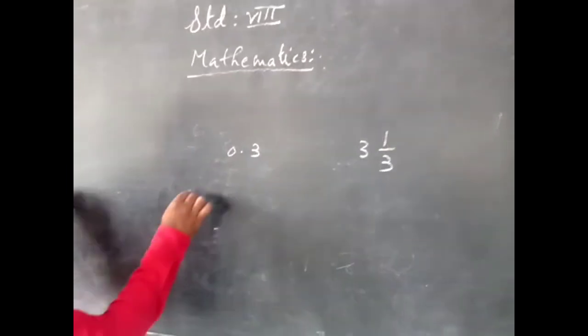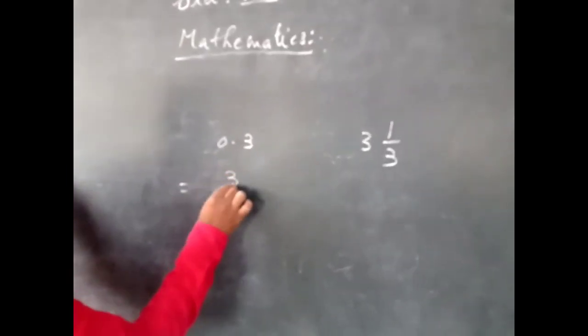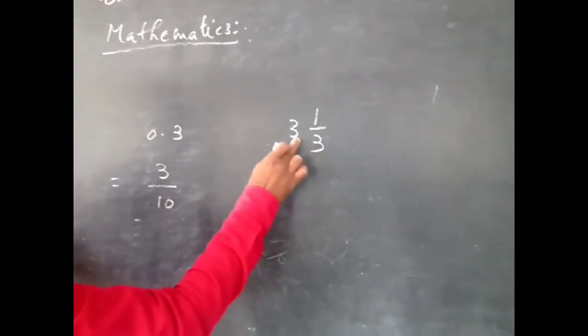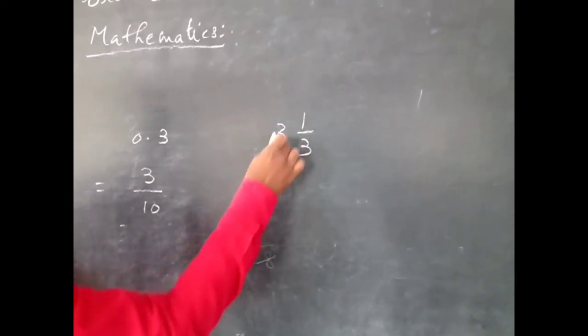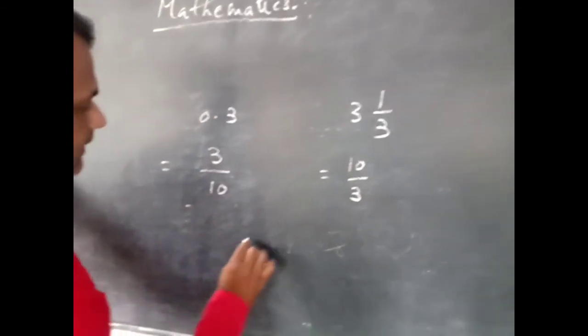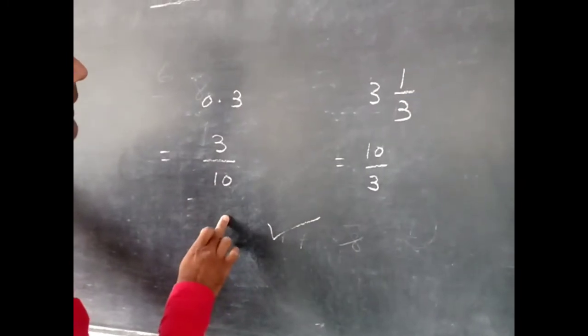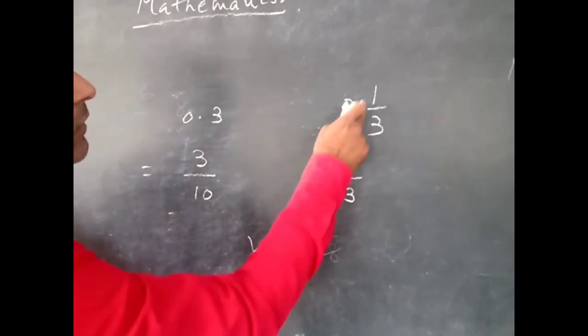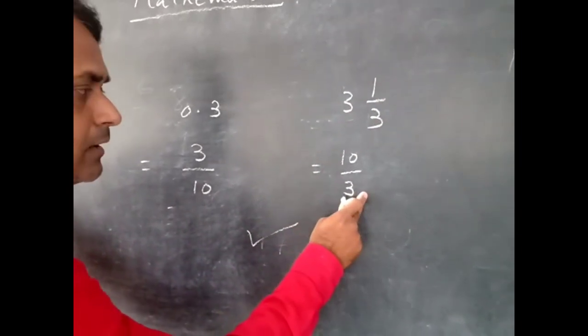So first of all, we convert the decimal into a fraction: 3 upon 10. The mixed fraction: 3 threes are 9, 9 plus 1, 10, so 10 upon 3. So yes, 0.3 is a multiplicative inverse of 3 integer 1 upon 3.